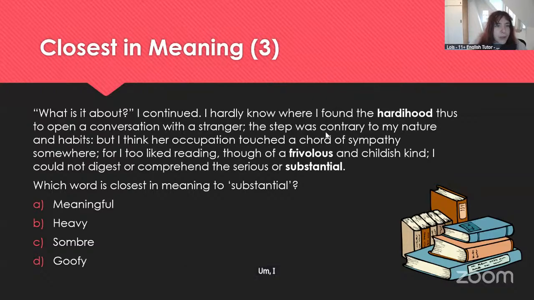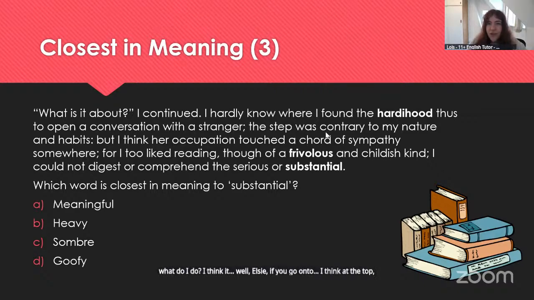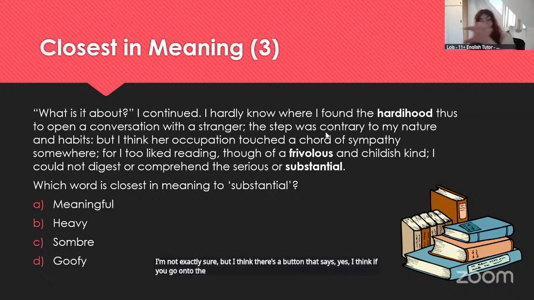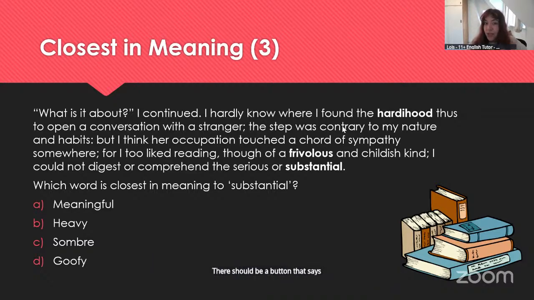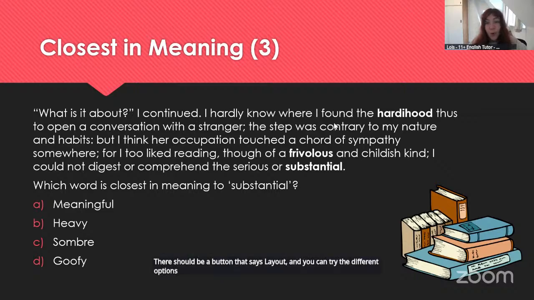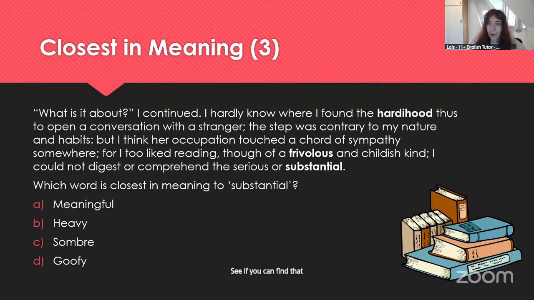Elsie, I think at the top, I'm not exactly sure, but I think if you go onto the column along the bottom with the controls, there should be a button that says layout, and you can try the different options, and there should be one that minimizes the camera so you can see the slides better. See if you can find that option where it says layout.